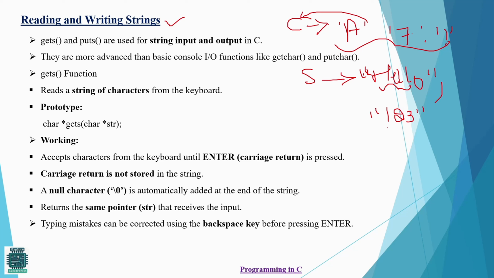So this is called a string, and make sure you don't get confused. Characters are mentioned in single quotes. Strings are mentioned using double quotes. A character is like a single unit of text, whereas a string is a collection or a sequence of single units, that is, a collection of characters.